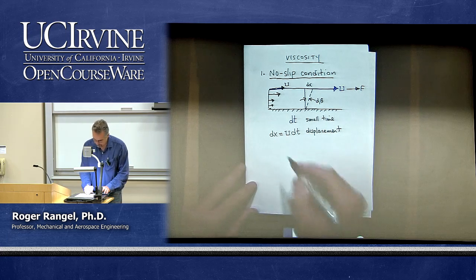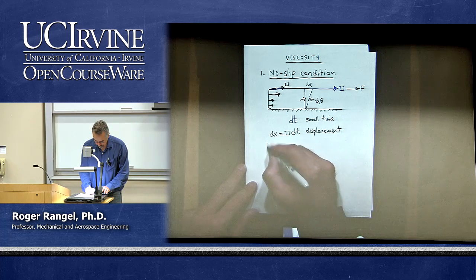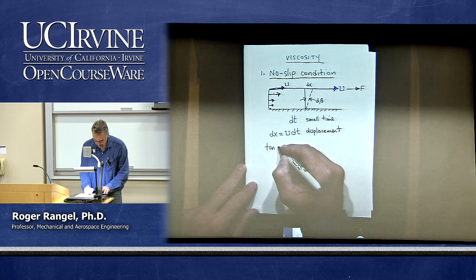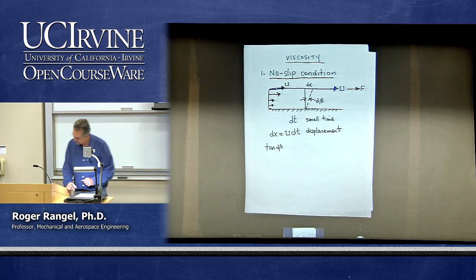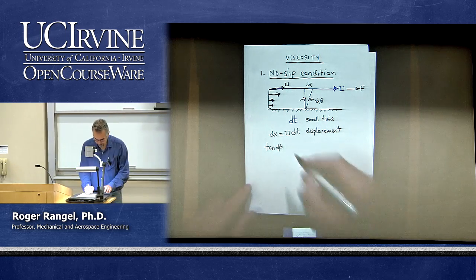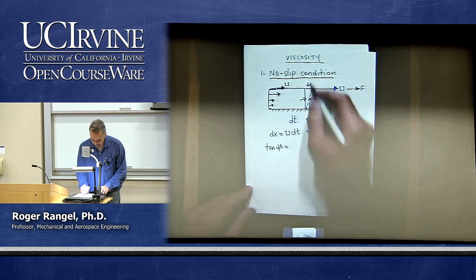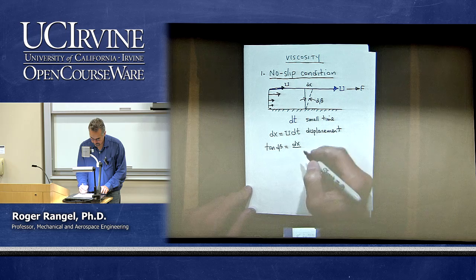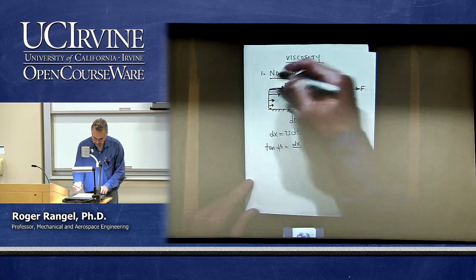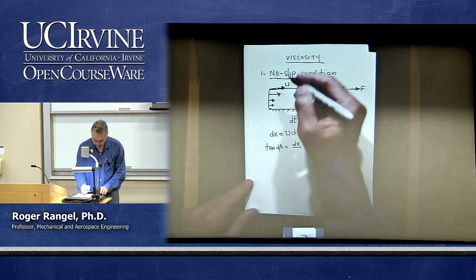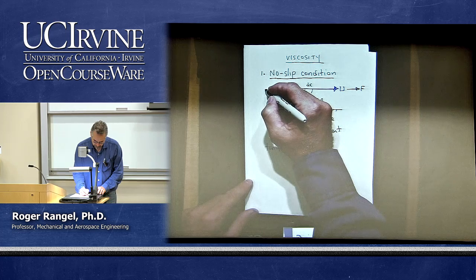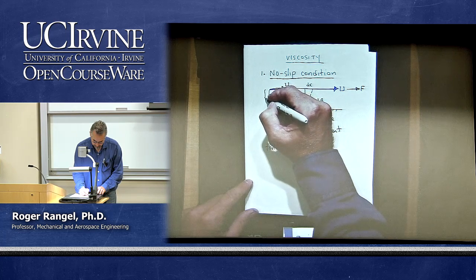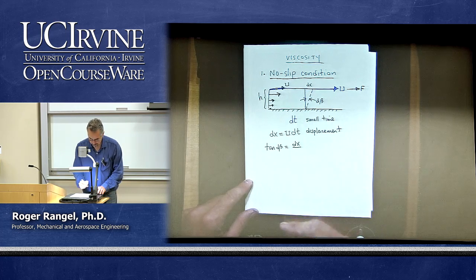So I can write, of course, that the tangent of d beta is opposite side over adjacent side. Let's say that this distance that separates the plates is also given to us, and let's say that distance is h.